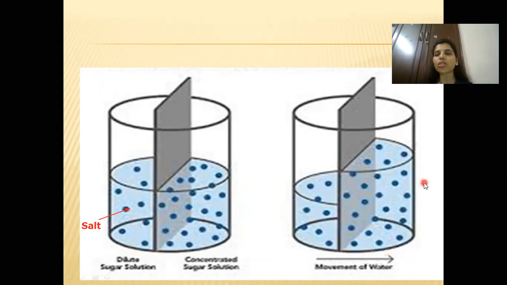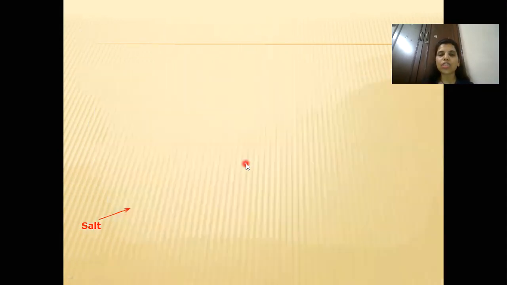In terms of concentration of water, here the concentration of water was high because it is a dilute solution, and here the concentration of water was less because it is a concentrated solution. With respect to the solute I am talking, so don't get confused. This particular process is named osmosis. So let's see the definition of osmosis.